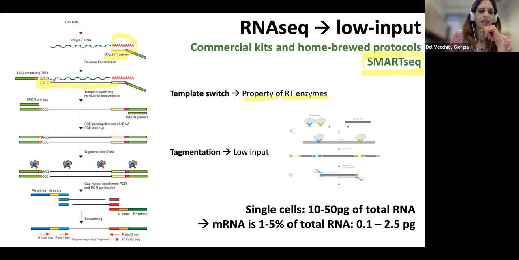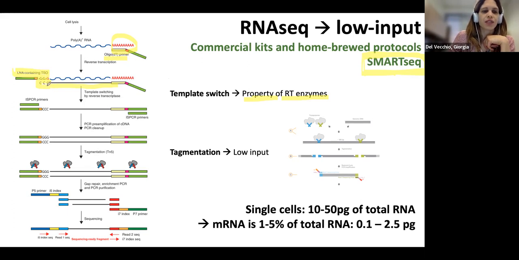So once the enzyme adds these 3 C's, the next step in the Smart-Seq is using this LNA primer containing a TSO. TSO stands for template switch oligo. So the TSO has these 3 G's that of course are complementary to the CCC that the RT enzyme just added to the first strand.